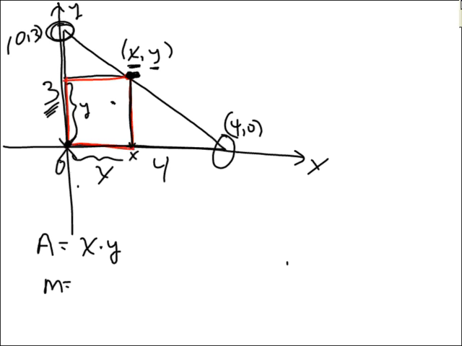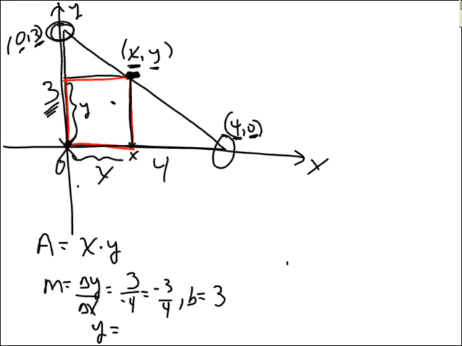From 0 to 3, the change in y is 3. Now what's the change in x? Well, if you go from 4 to 0, you went down 4. So the slope is -3/4. And we know that b, the y-intercept, is 3. So now we have the equation of the line.